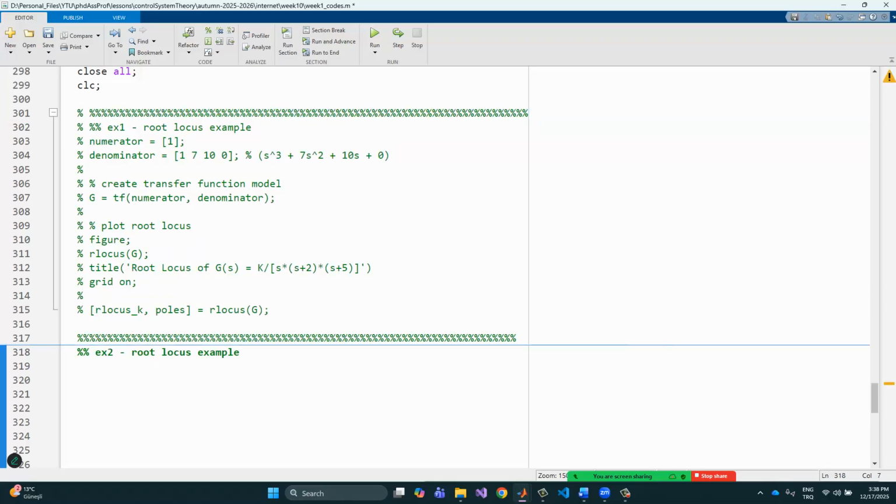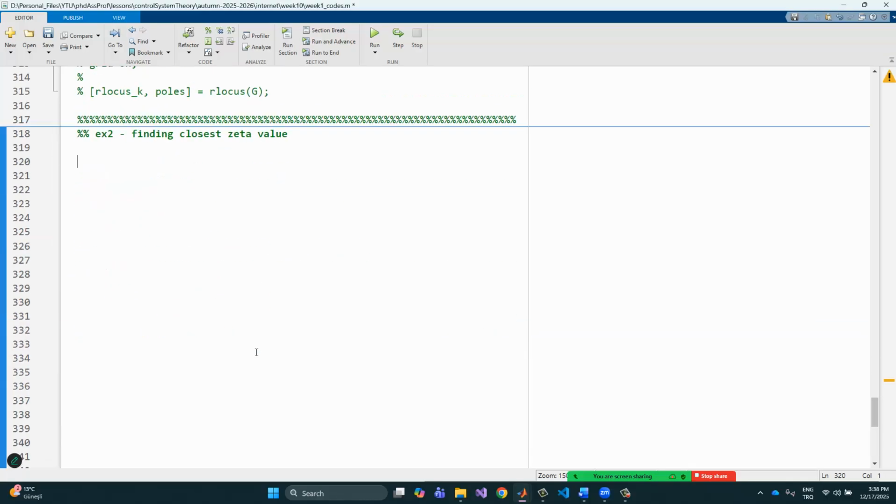What about the second one? Finding closest zeta value. For example, if we define the system based on what? The numerator, which is equals to 1, 1.5, and denominator, which is equals to 1, 11, 10, and 0.